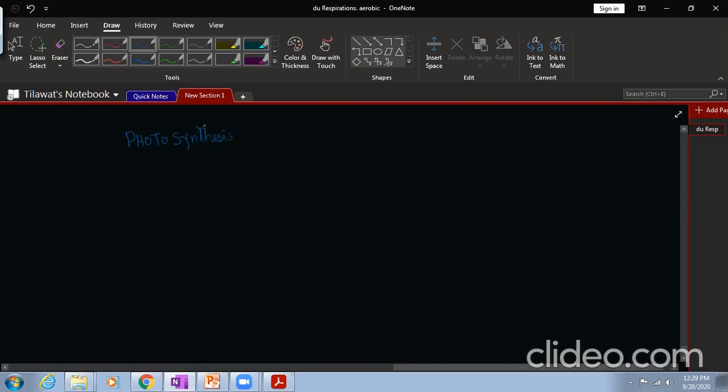Before entering into photosynthesis, we should know about different types of organisms on the basis of energy uptake or taking of food. So we have three types of organisms. The first one is autotrophs.